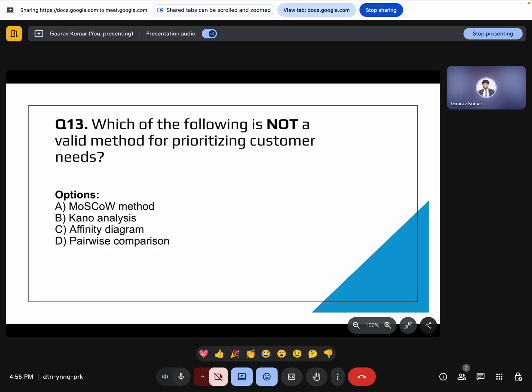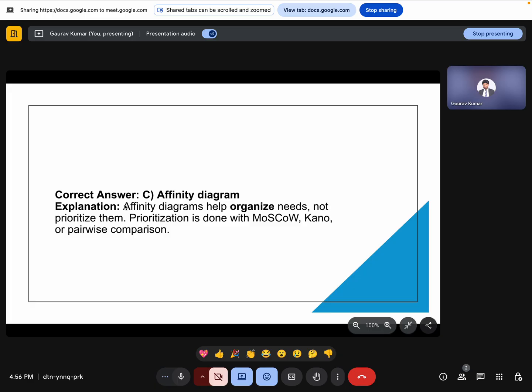The other options, MoSCoW, Kano, and pairwise comparison, are widely used methods for prioritization. So the affinity diagram is the right answer.